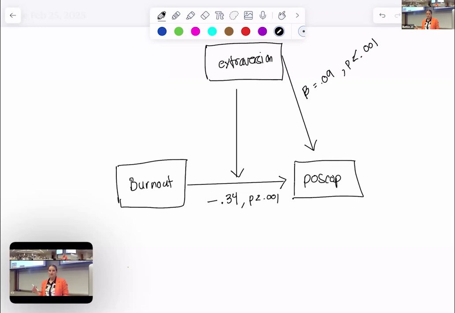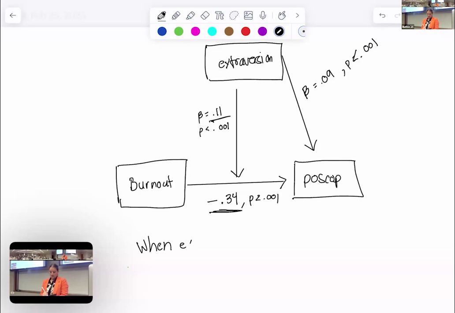Now let's look at that change in slope. Extroversion, the change in slope is 0.11 and the p is less than 0.001. So as extroversion goes up, right, it's going to come in and hit this starting slope, right? As extroversion goes up by 1 standard deviation, it's going to change the slope by positive 0.11, right?